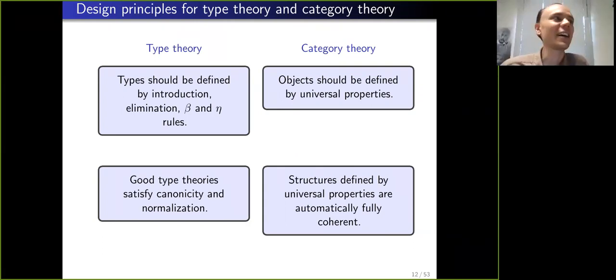I'm talking rather vaguely here, but I would include in this correspondence typal or propositional eta rules, and that happens naturally and corresponds to higher categorical structure, right? Yes.